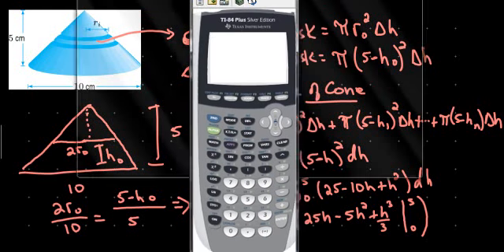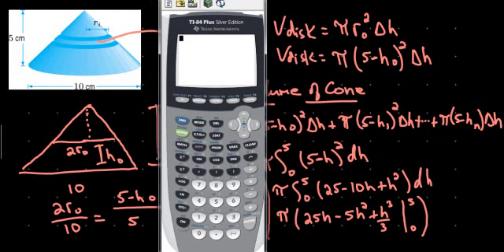So we get 25 times 5 minus 5 times h squared, which is going to be 5 cubed, plus 5 cubed divided by 3.